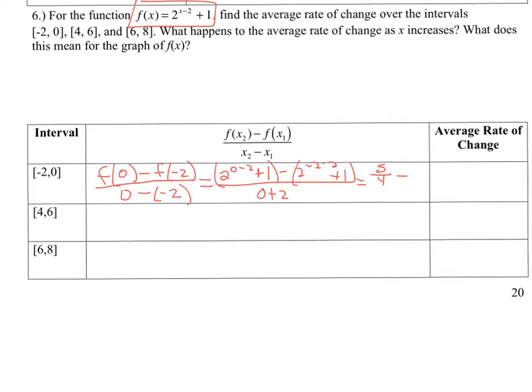We're going to subtract from that 2 to the -4th power, which would be 1/16, plus 1 gives us 17/16, all divided by 2. Well, we can turn this into 16ths by multiplying by 4/4, so this is the same as 20/16. So 20/16 take away 17/16 gives us 3/16 divided by 2, which is the same as 3/16 times 1/2.